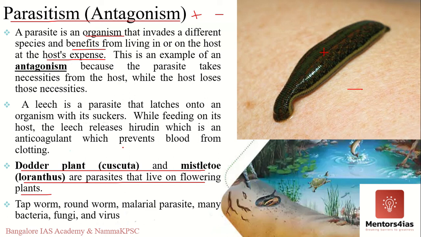So mutualism, commensalism, parasitism, they all come under symbiotic relationship itself. Mutualism is a symbiotic relationship where both are able to benefit from each other. Commensalism is also symbiotic, except that only one is benefiting, and the other is neither benefiting nor being affected. Whereas parasitism is also a symbiotic relationship.